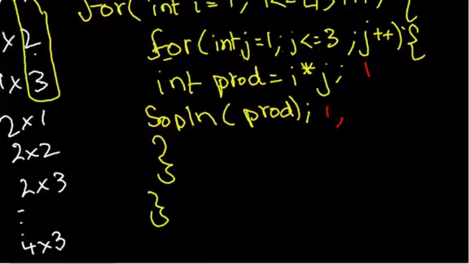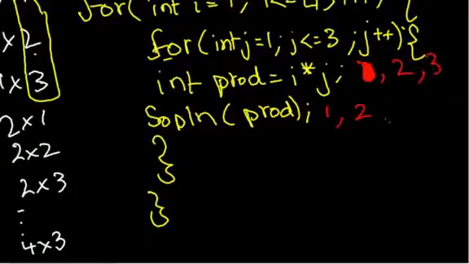What that means is j is 1 now, comes down, prints 1, goes back up, i is still 1, j becomes 2, 1 into 2, that becomes 2, prints 2, and this 1 out here gets erased. It comes back here, j becomes 3, 1 into 3, that's 3, prints 3, and this 2 gets erased.